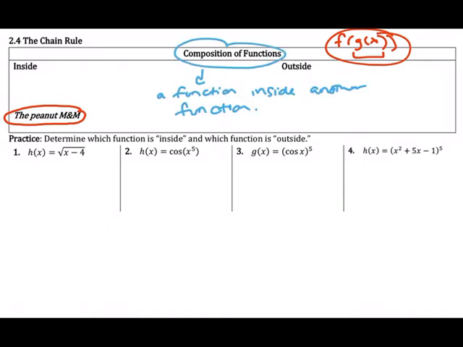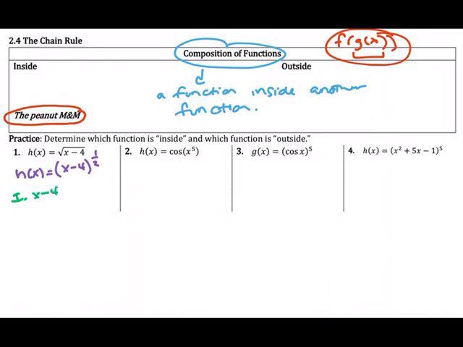The first thing that I'm going to do on number one is I'm always going to rewrite using exponents instead of radicals. So this function is the exact same thing as the quantity x minus 4 to the power of 1/2. The inside function, the peanut, is x minus 4.